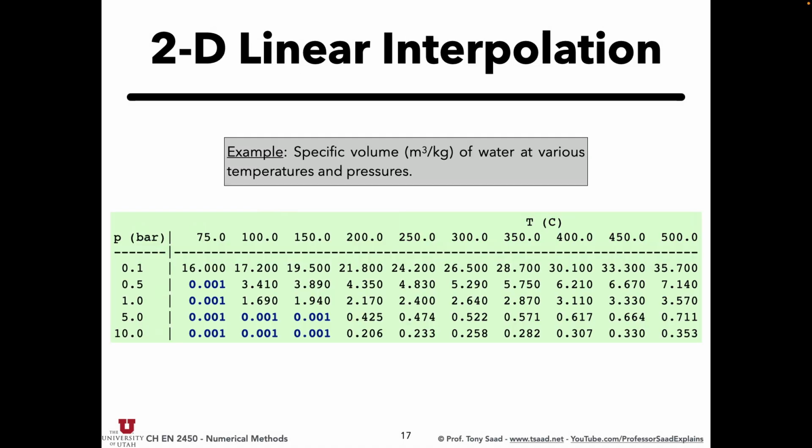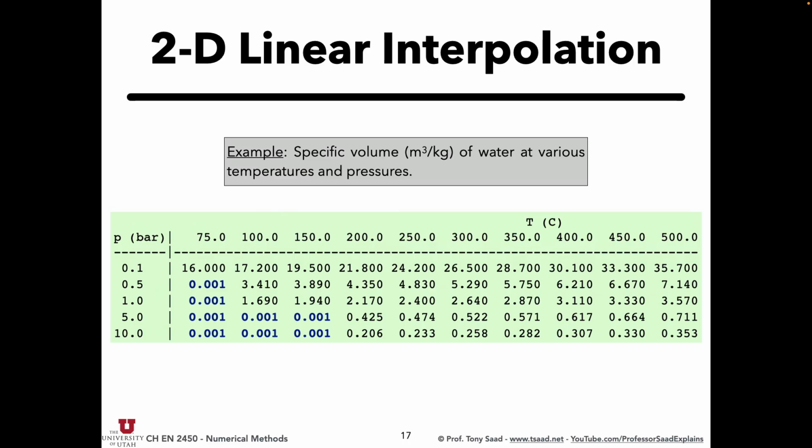You can also do 2, 3, 4, any higher dimensional interpolation. But you might say, well, when are we more than 3 dimensions? Well, if you have density as a function of temperature, pressure, viscosity, other properties in the flow, each one of those is a dimension, right?